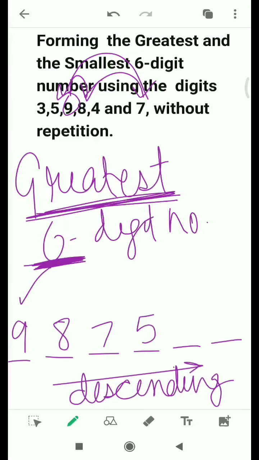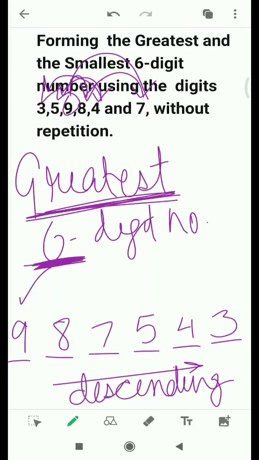And then smaller than 5 is 4. Smaller than 4 is 3. So this way you frame your greatest six-digit number using these six digits. First, you place the greatest digit in the maximum place value, and the rest of the place values are to be occupied with the digits, keeping them in descending order.